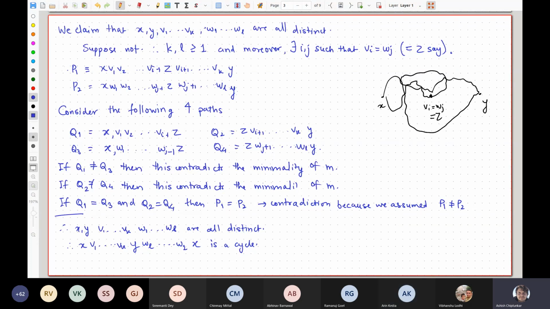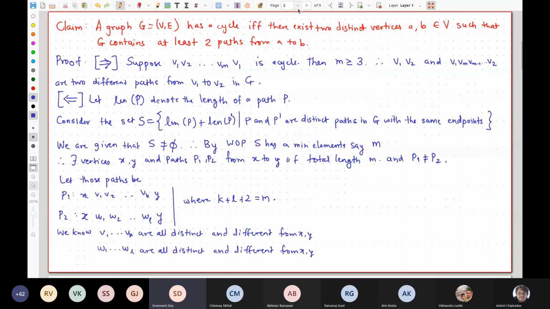All right. So Shrimanti, yes. Sir, could we have made changes to the set S, what I was saying earlier? Let's come back to your proof. What was your argument? Could we have said that the set S consists of length P plus length P dash, where P and P dash are distinct paths in G with the same endpoints, and the second vertex should be different?